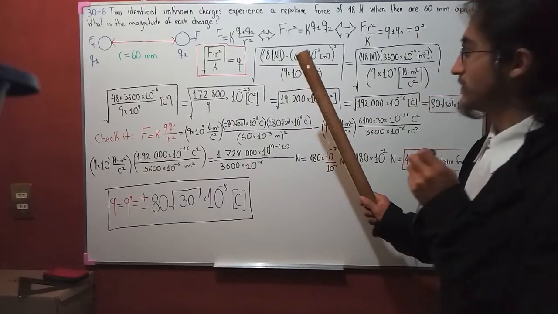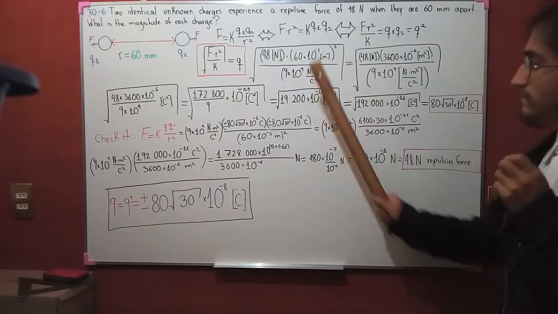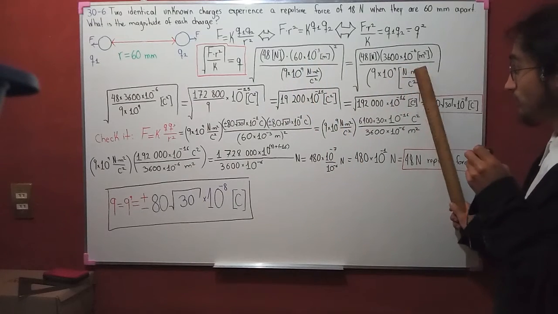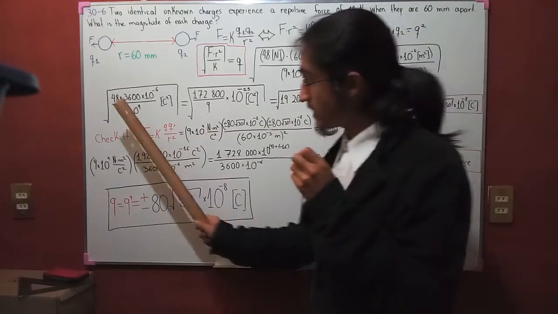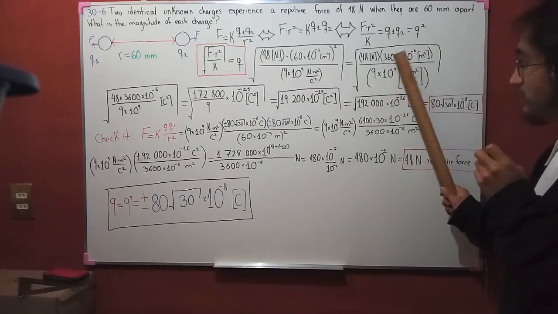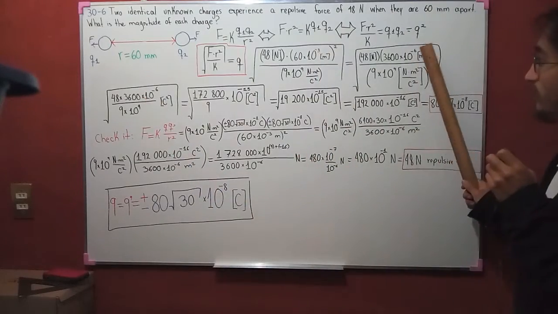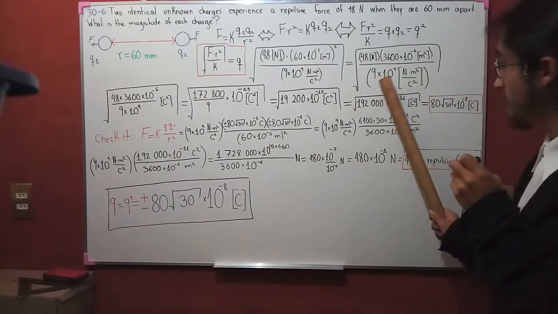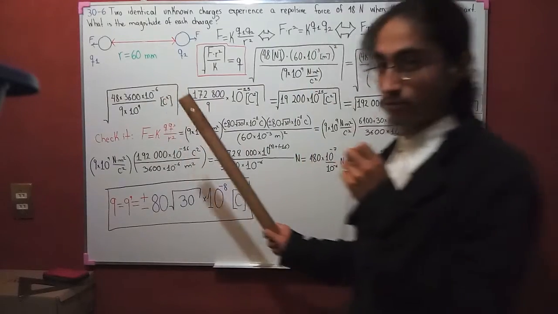Now, this multiplying 48 Newton, and this divided by 9 times 10 raised to the power of 9 Newton meter squared divided by Coulomb squared. This is equal to 48 multiplying 3600 multiplying 10 raised to the power of negative 6 divided by 9 times 10 raised to the power of 9 Coulomb squared.